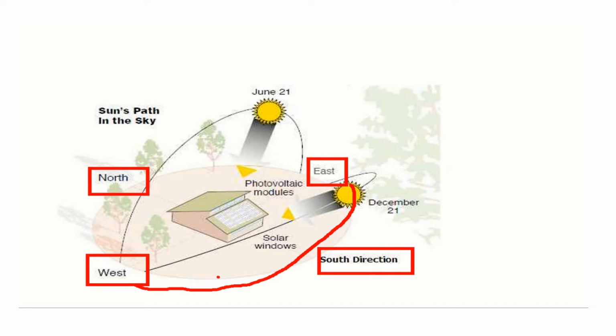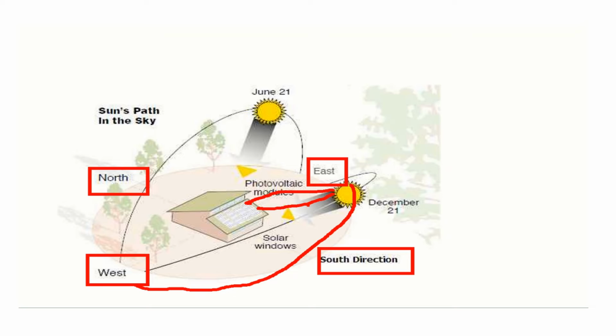So on any day our sun is always moving from east to west through the south direction. So if anything is facing the south side, it will get the maximum sunlight the entire day. In the morning, sunrise will go like this.